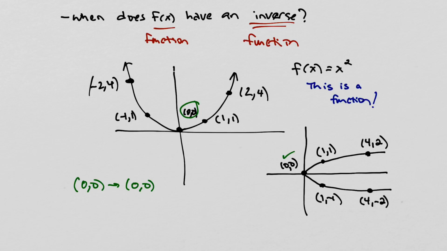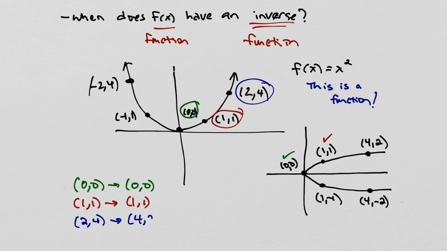What about this point 1, 1? Same thing. If we switch the 1 with the 1, we still get the point 1, 1, which generates that point right there. If we look at this point 2, 4, and switch the x's and the y's, we get the point 4, 2, which is right here.